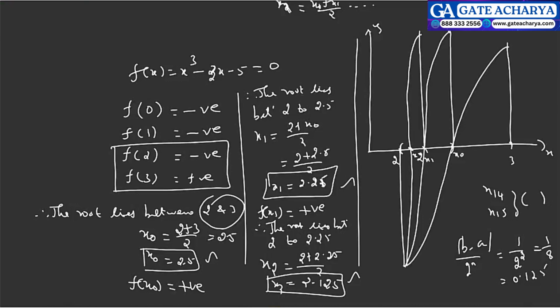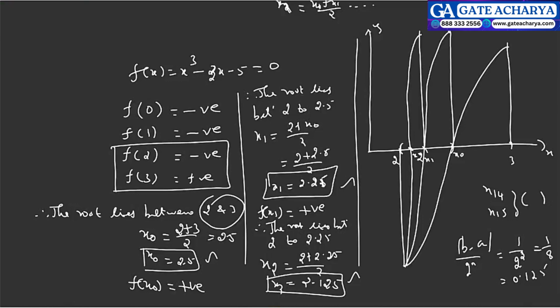So what is the process to find the root of the equation? First, we apply the intermediate value theorem. Intermediate value theorem means first we identify the interval. What's the idea to find the interval? Suppose f of a is negative and f of b is positive, so the product of both has an opposite sign. Then definitely the root lies between a and b.